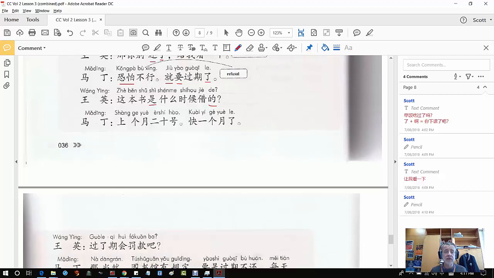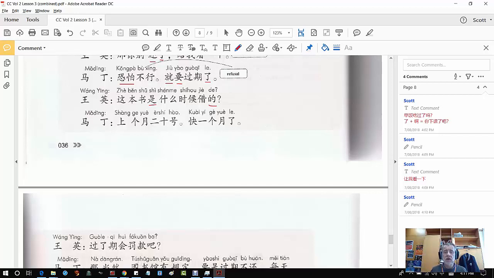And then Ma Ding says 上个月20号快一个月了. Now in this case he doesn't reuse that 是的 structure because he could say 是上个月20号借的. Okay, then he would have to use the verb. But because that's already understood from the previous sentence, basically he just gives the date.